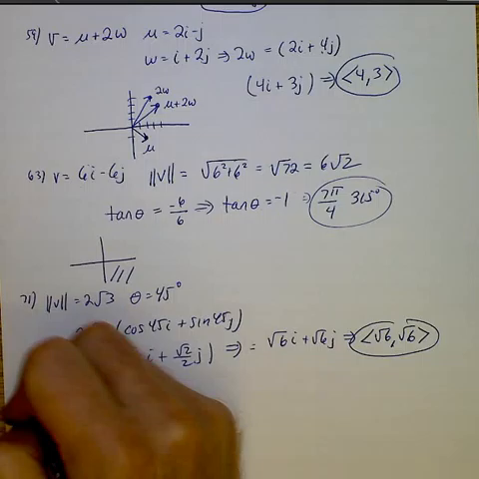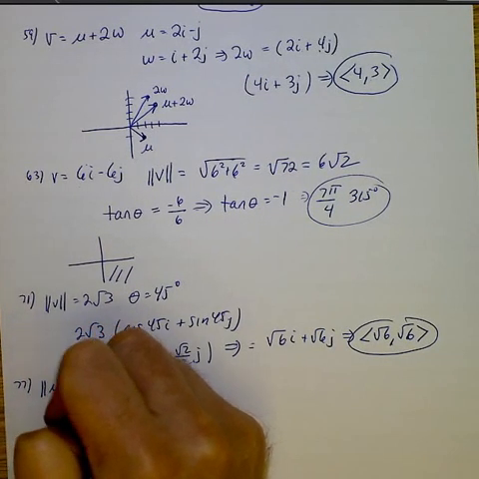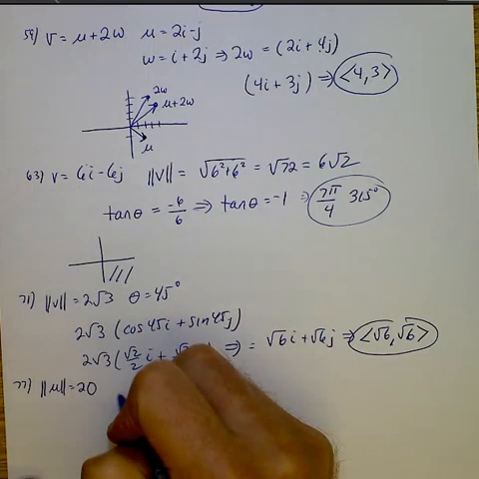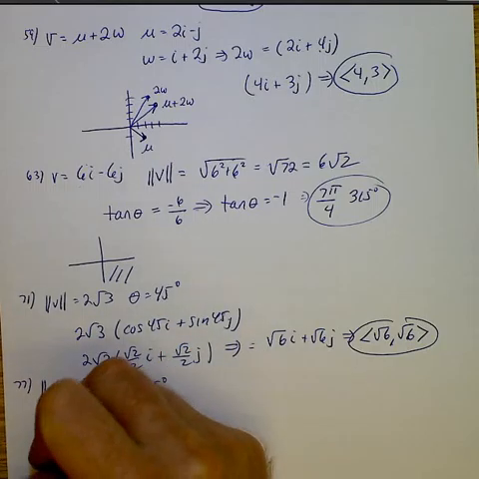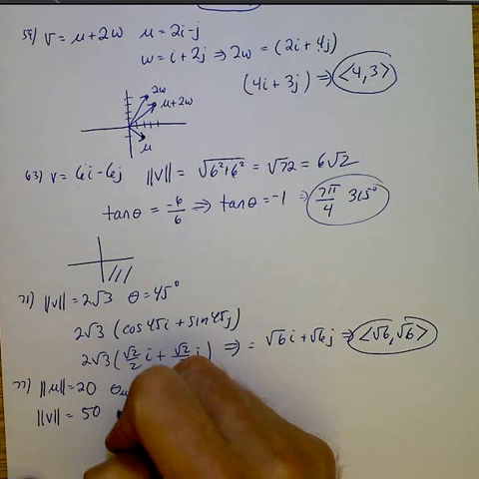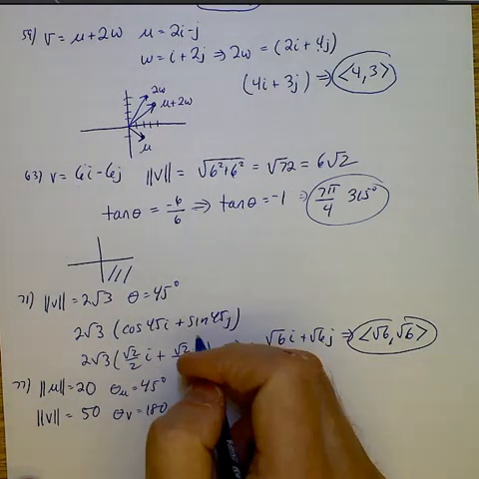We'll do number 77. In number 77, you were given a magnitude of u equal to 20, and you were told that theta u is 45 degrees, and you were given a vector v with a magnitude of 50, and you were told that theta v is 180, and they want you to add these vectors and find the component sum.